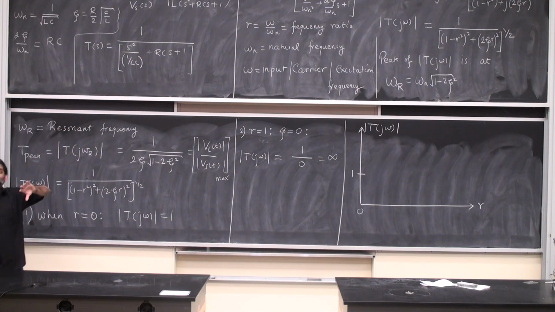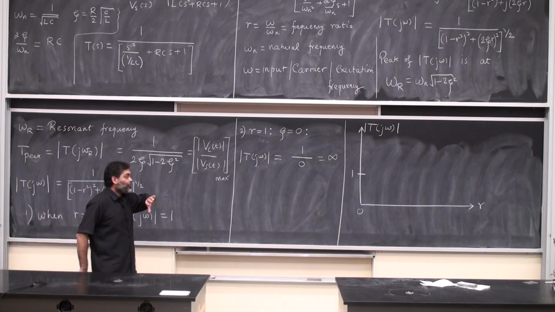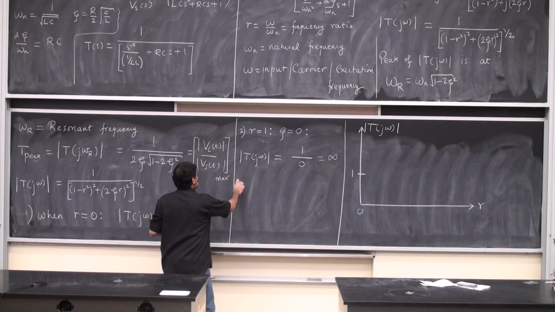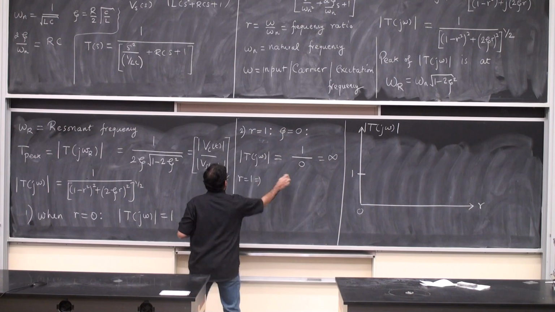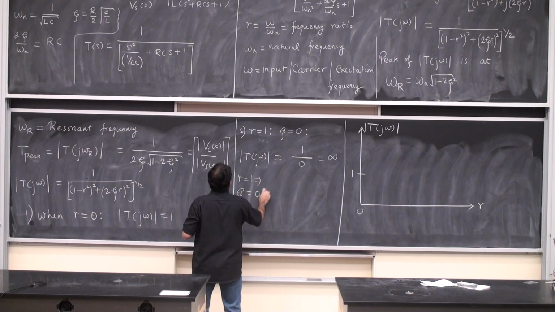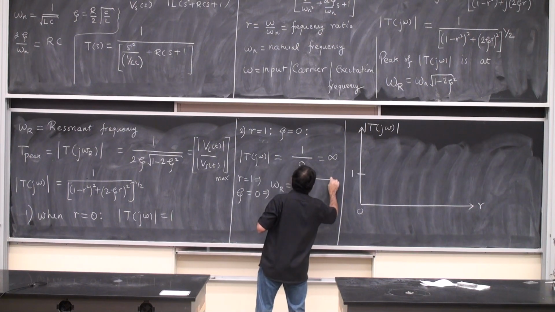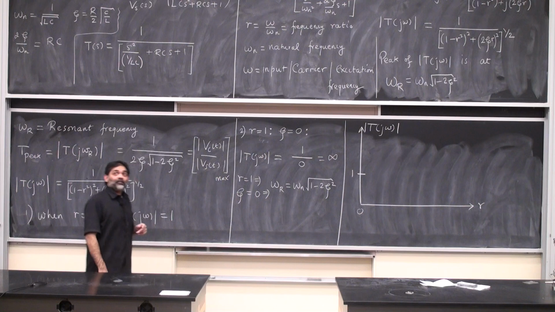So if you design a mechanical system with no damping, and when R is equal to 1 and zeta is equal to 0, what happens to omega R?